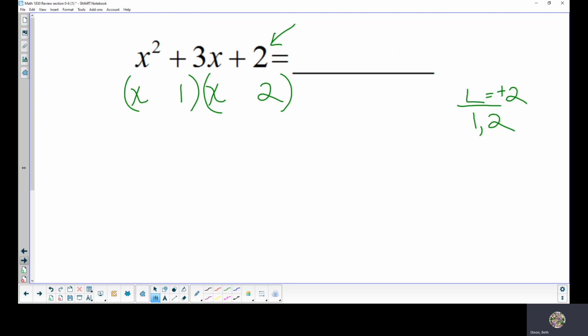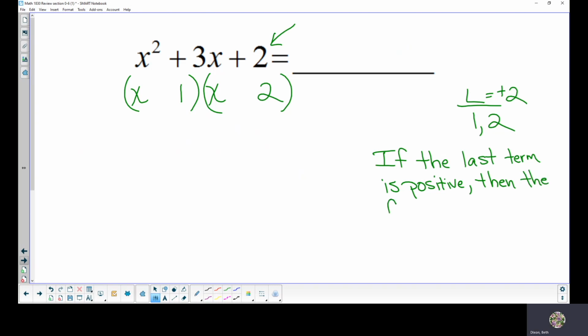If the last term is positive, then the factors will both match the middle term.